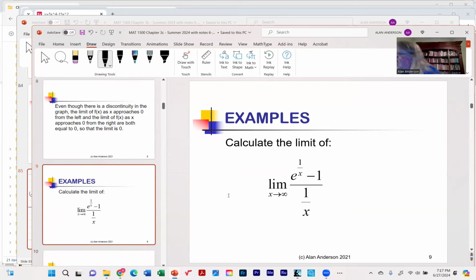Now, what happens if you take the limit of just this term? What's happening is this x is growing to infinity. And then the same thing here.